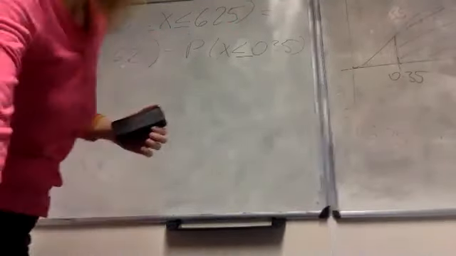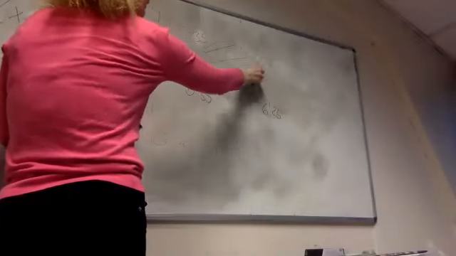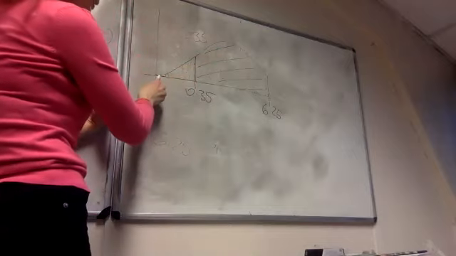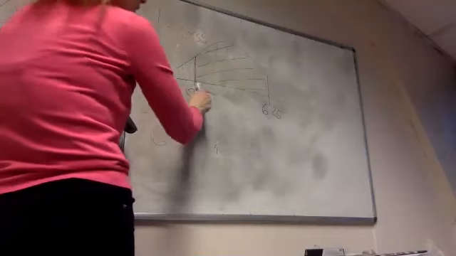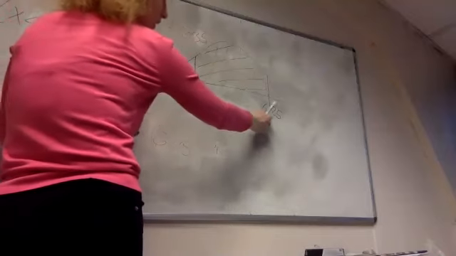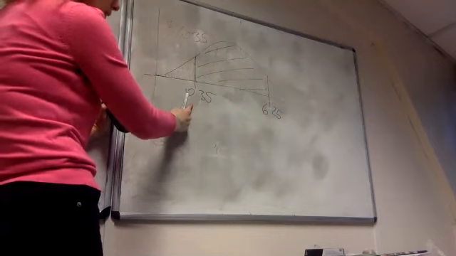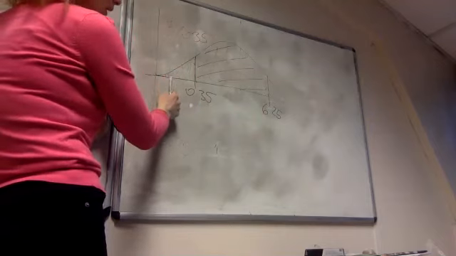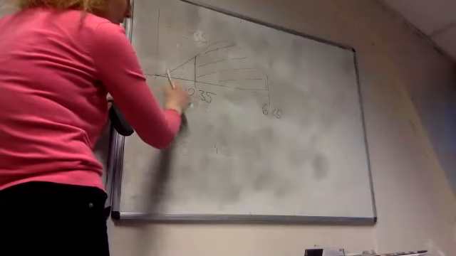As I said, F of 6.25 gives us this entire area up to 0. But we want only this area, which is greater than 0.35 and smaller than 6.25, which means we have to subtract the area given by F of 0.35, which is smaller than 0.35.